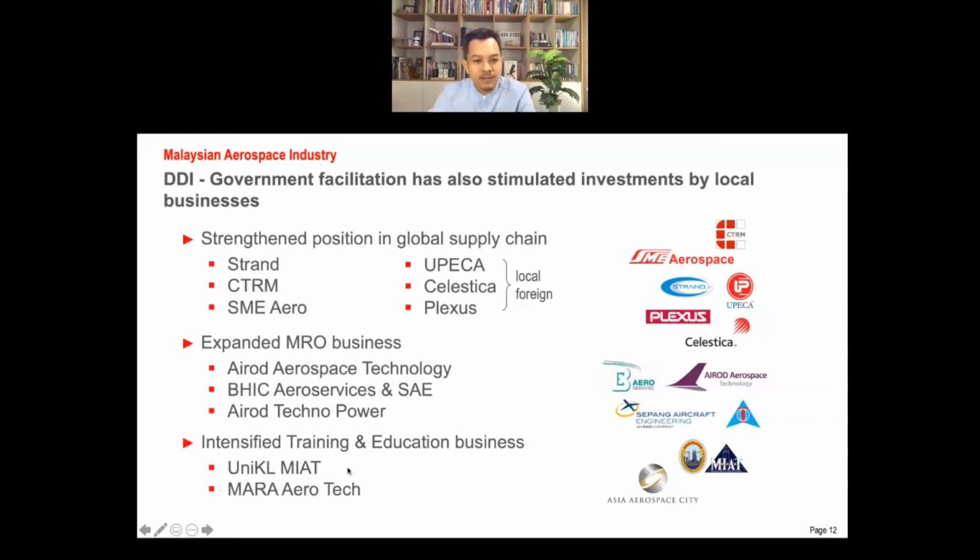So they are being equipped with equipment, and at the same time manpower. It is so expensive to equip UniKL MIAT with such equipment. And we also have MARA Aero Tech, which takes responsibility for the Asia Aerospace City.